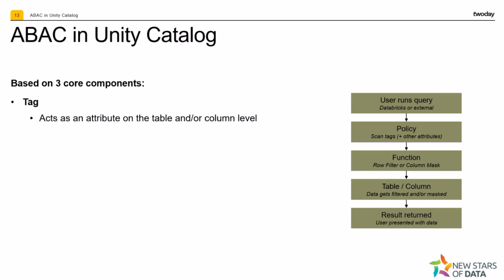So you can imagine PII, for example, could be your tag key, and then you could have different values that determine what type of PII information it could be. It could be name, social security number, email, phone number, and so on and so forth. So basically, they are the attributes. They describe the attribute that comes with the object.